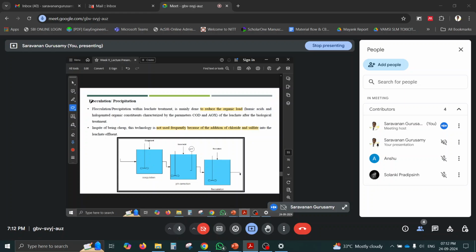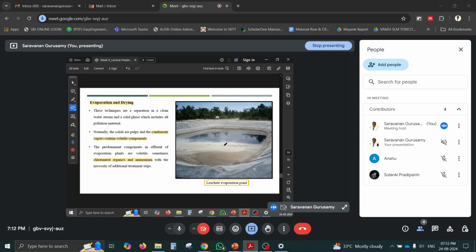Then flocculation and precipitation, same as sewage treatment or water treatment. We are adding coagulant, so that it will flocculate the organic matter, and finer organic matter will be coagulated and then settled. In spite of being cheap, this technology is not frequently used because of the addition of chlorine and sulfates.